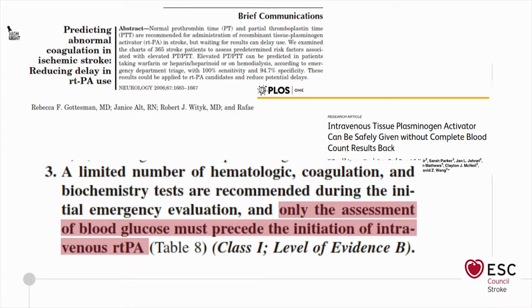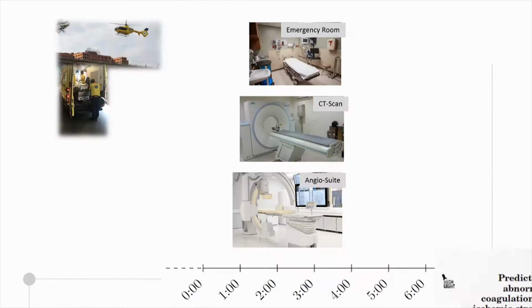The American guidelines say that you only need to know the glycemia, because the patient could have a hypoglycemia that is the cause of the symptoms, but you don't need to wait for any other blood test to give IV tPA.